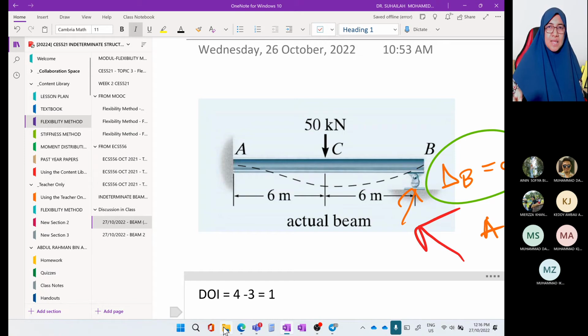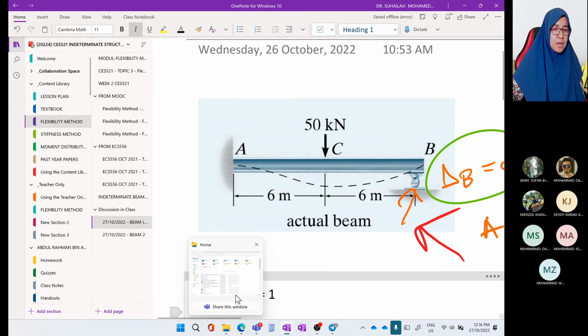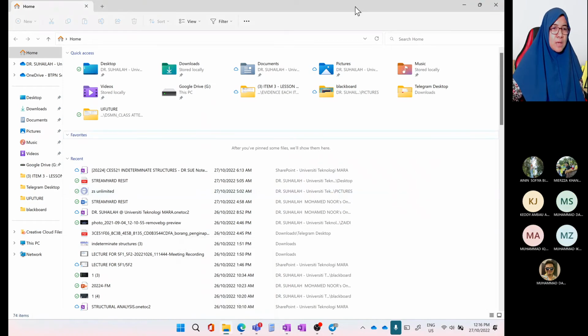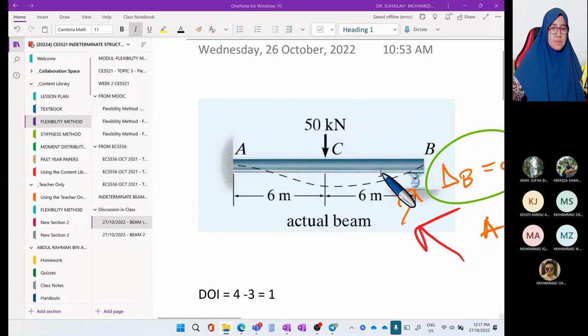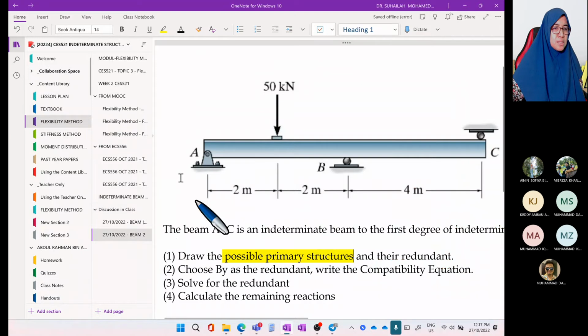Both the cantilever beam and the simply supported beam are called possible primary structures.